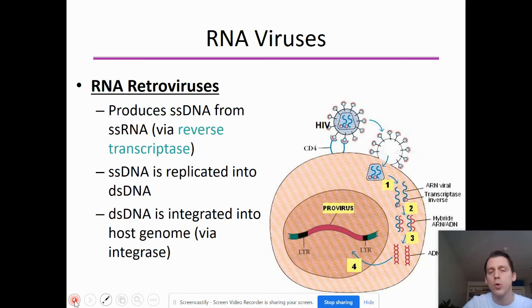And then we'll talk about this more later, but at some point that DNA that's hiding in the host genome can come out and can express itself. And then once that DNA is expressed, it can make more viruses, and then those viruses can go out and infect other cells. So this particular retrovirus, it's an RNA virus that can hide. So you have RNA becoming DNA and waiting and hiding.